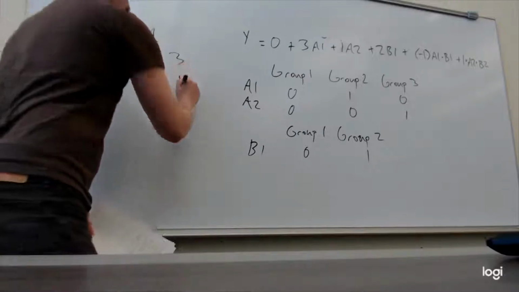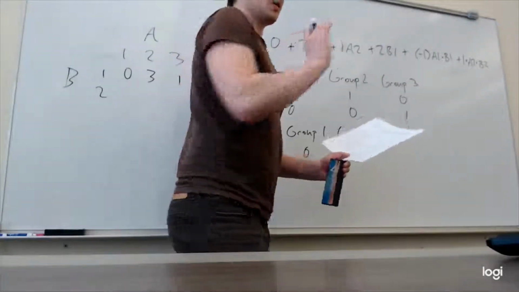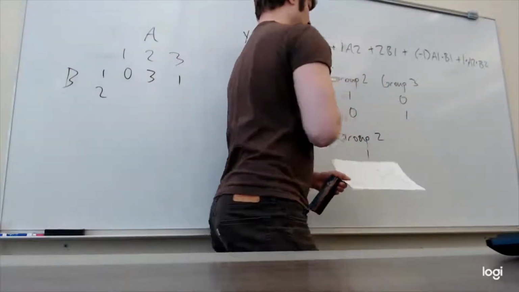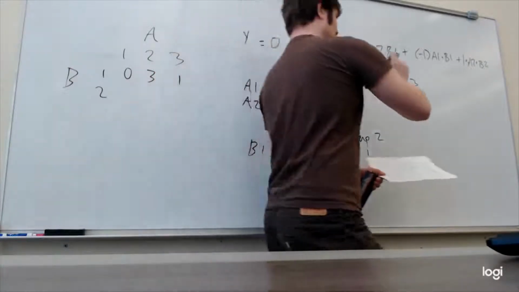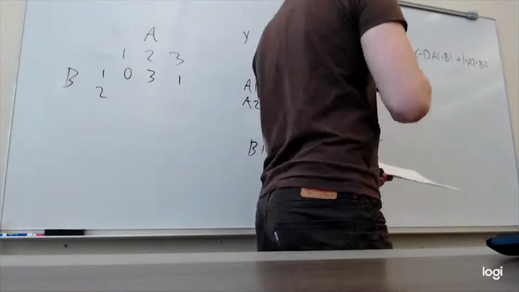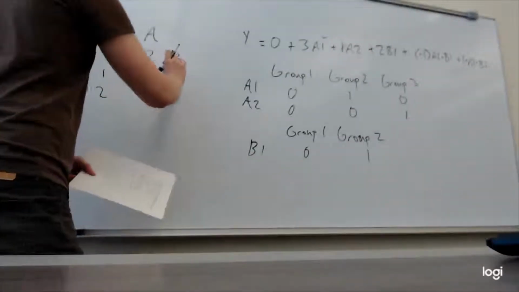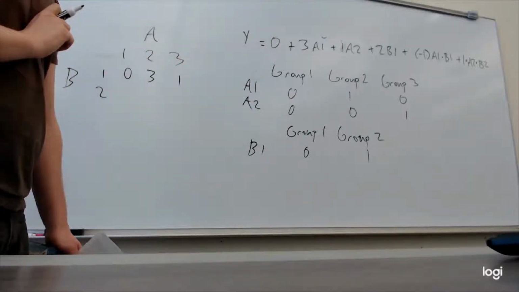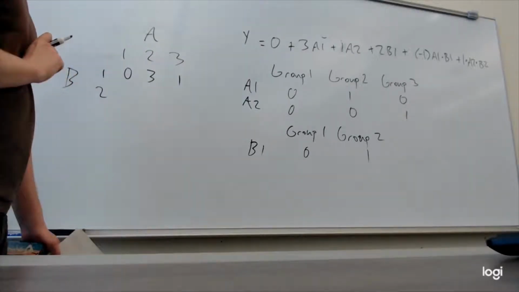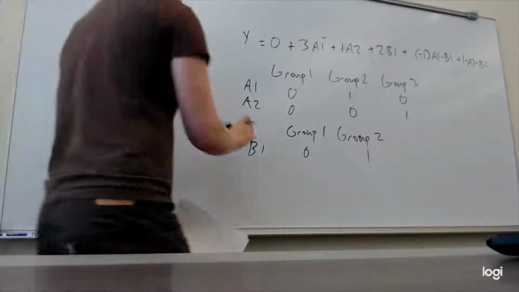Yep. So this one tells me right here that as I go from group 1 of A to group 3 of A, I increase my predictions by 1. I go from 0 to 1.